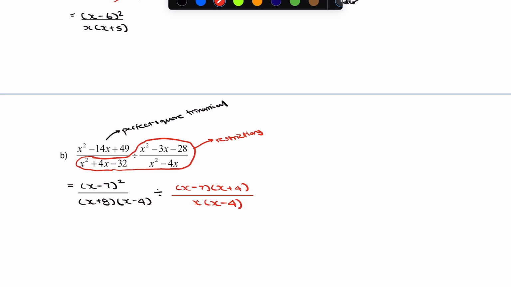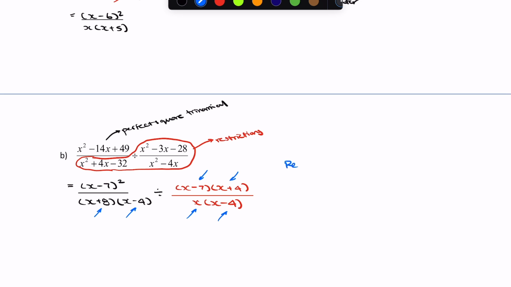So again, we can see that our restrictions are going to be the denominator from the first term, or the first fraction, and then also the numerator and the denominator in the second term, or second fraction.